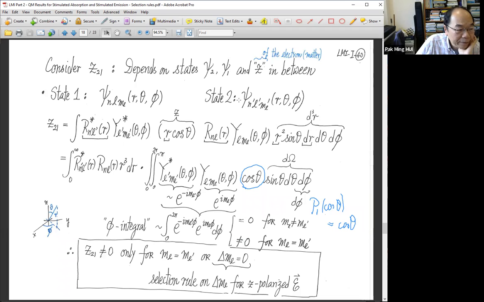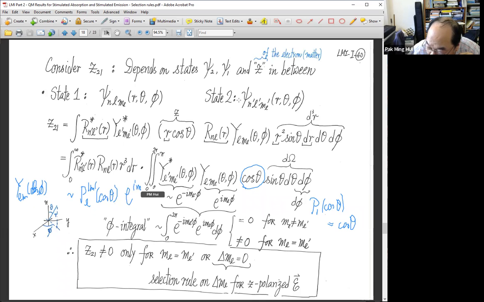Do you know this? Okay. Now, do you know that Y_lm of theta, phi is related to something called P_lm of cosine theta, times e to the i m phi?